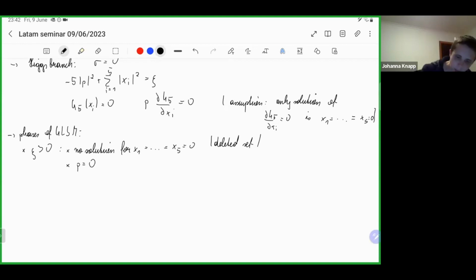And then if we do that, the only thing that's left is G5 of xi equals 0. Here's our hypersurface. And furthermore, even though the gauge symmetry is broken, we still have a scaling symmetry, which still persists.